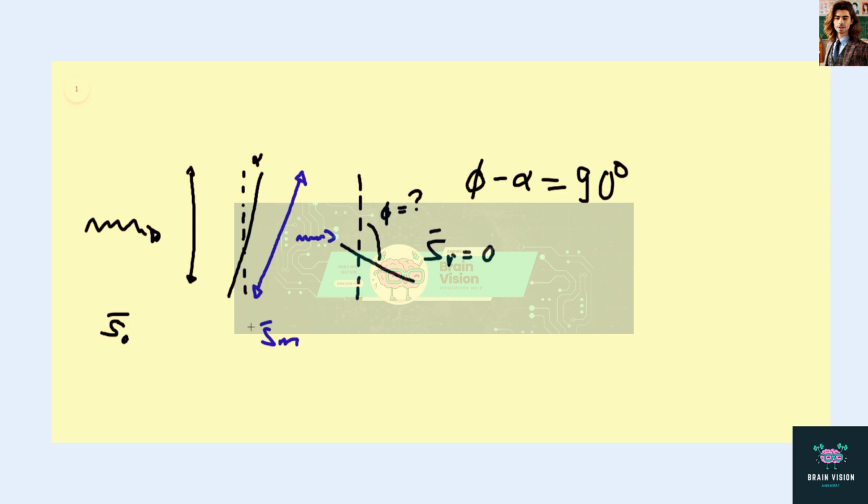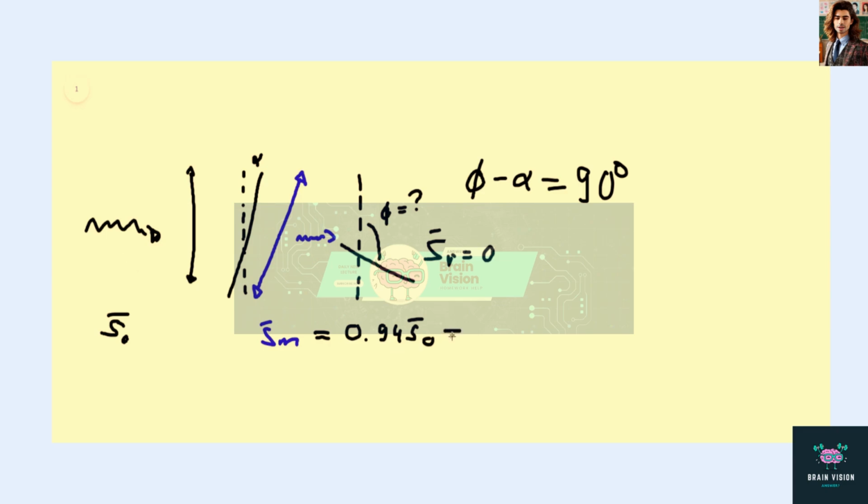Additionally, we're told that the intensity in the middle is going to be 94% of the incident intensity on the left of the first polarizer. So we have that the intensity in the middle is 94% of the intensity on the far left.